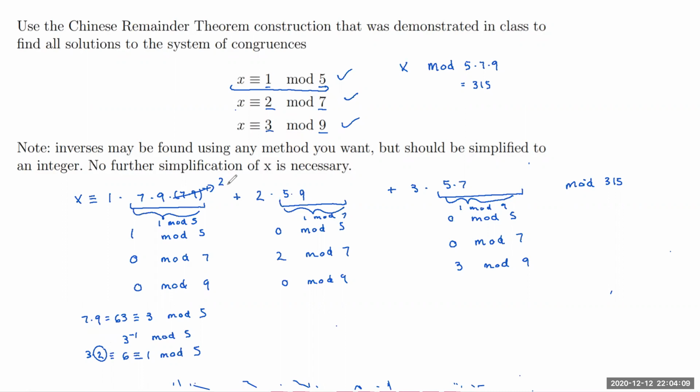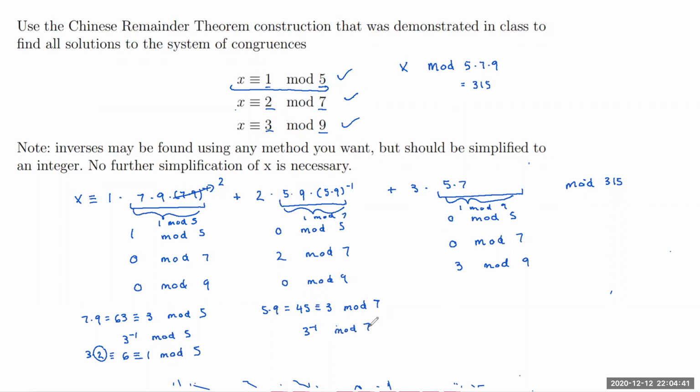Next, you go through a similar process for the second one. This is 5 times 9, and we want to multiply by the inverse of 5 times 9 in mod 7. 5 times 9 is equal to 45, which is equivalent to 3 mod 7. So we are looking for 3 inverse mod 7.